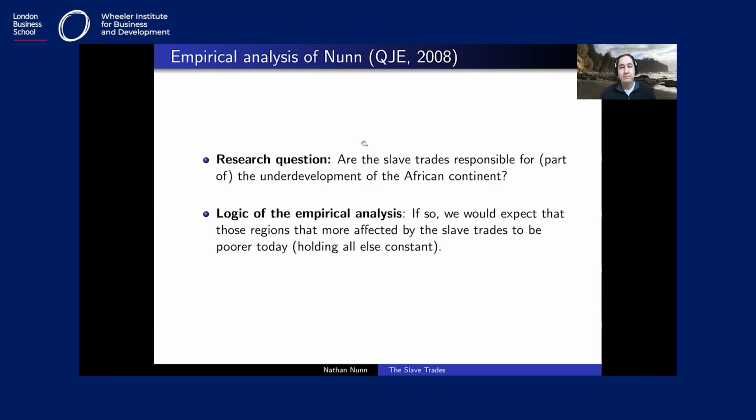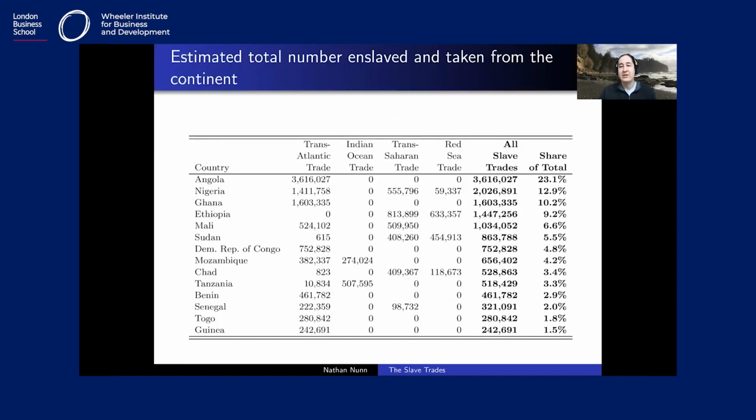Okay. And so in the end, you have estimates of the number of individuals from locations within a modern country today that were enslaved during all 4 of the slave trades. And this gives you some estimates.